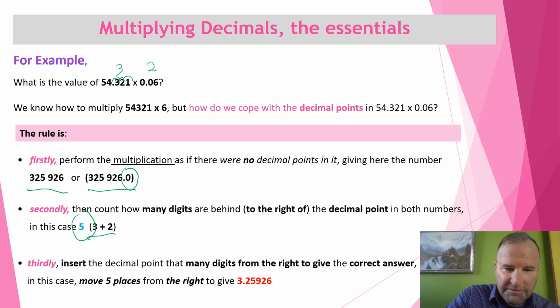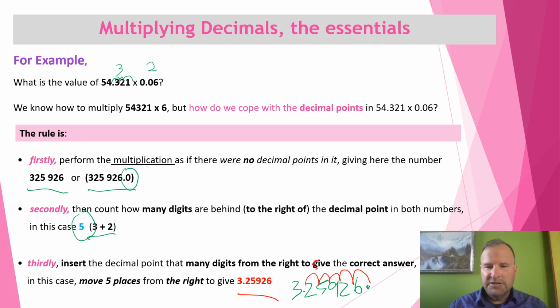So if we have the number 325926, this is where we have the decimal point. So now we put in the decimal point. I'll do that in a different color, red, and we go 1, 2, 3, 4, 5. So that's 5 places there, and hence the answer 3.25926.